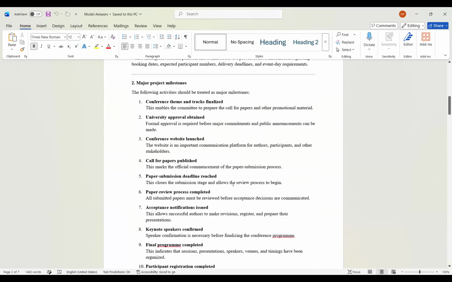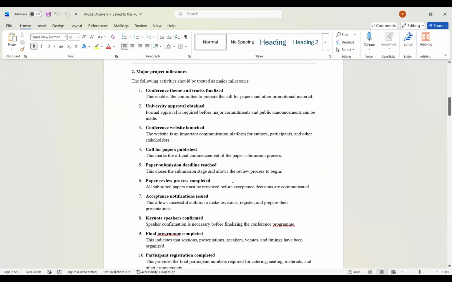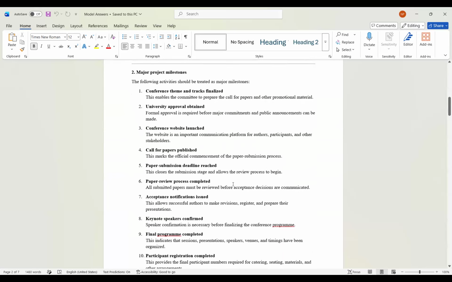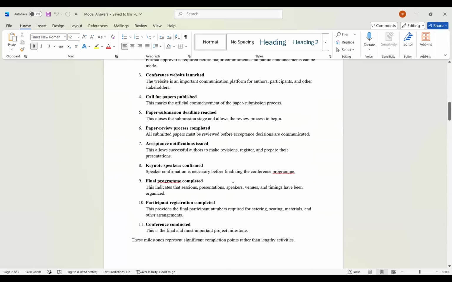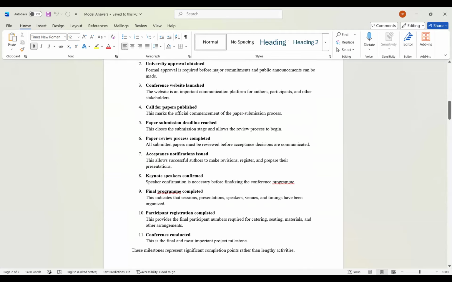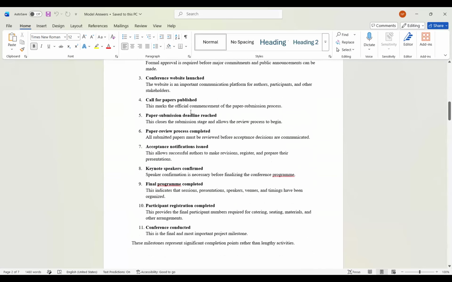So when you look at the major project milestones, the first step will be to finalize the conference themes and tracks, then get the approval of the university. The conference website will be launched. Then you'll call for papers. Then the paper submission deadline will be reached.